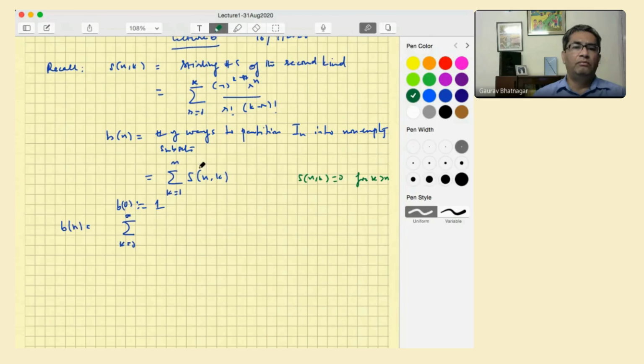So this sum can be going from k equal to 0. For most n, the k equal to 0 term is also 0. But it just helps to have it going from 0 to infinity.